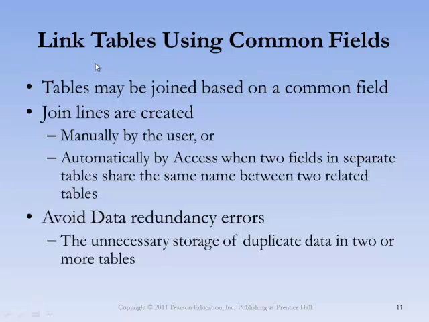Okay, once you have your tables created and you're storing your data in there, the whole idea behind a relational database is you're avoiding data redundancy by storing data in separate tables. For instance, you're going to store customer information in a customer table, then the orders that those customers make in a table called orders. You don't want to store the customer and order data all in the same table, because you would end up with redundant data.